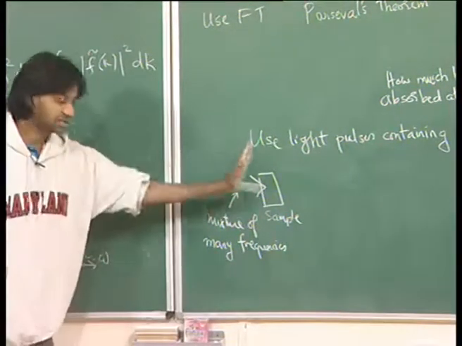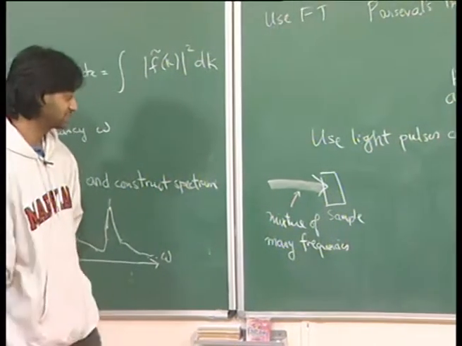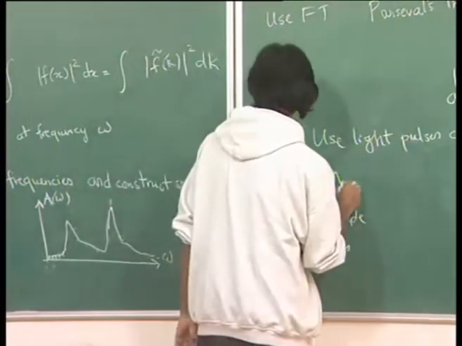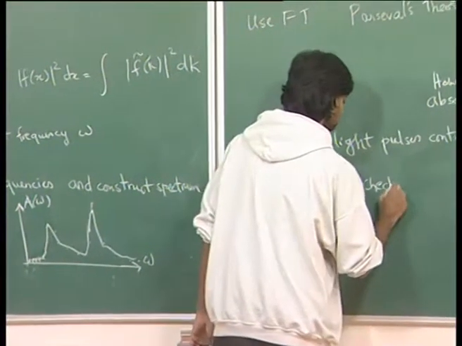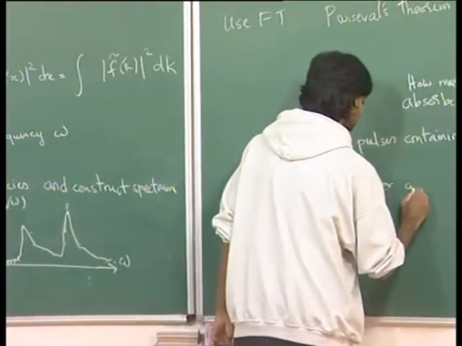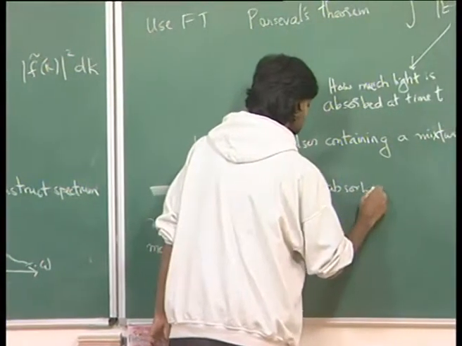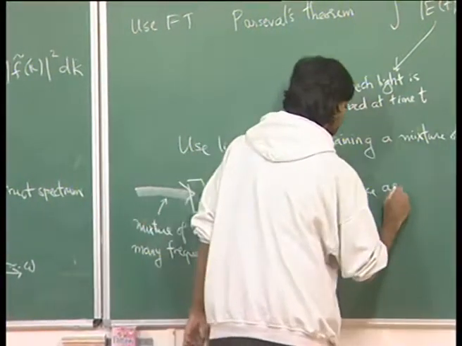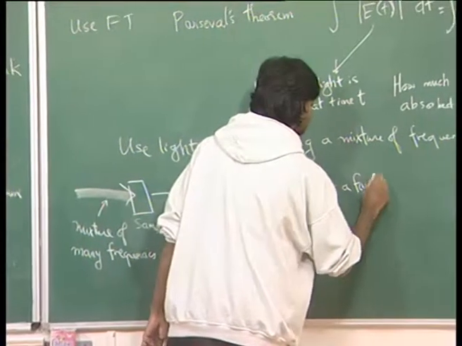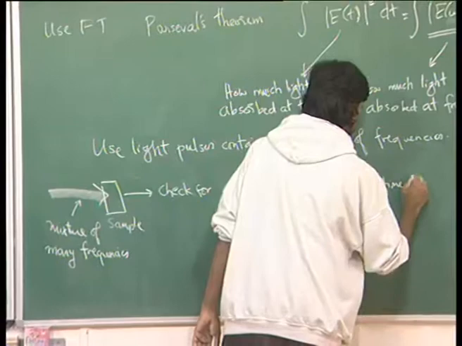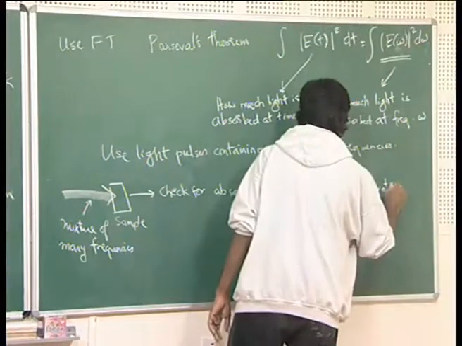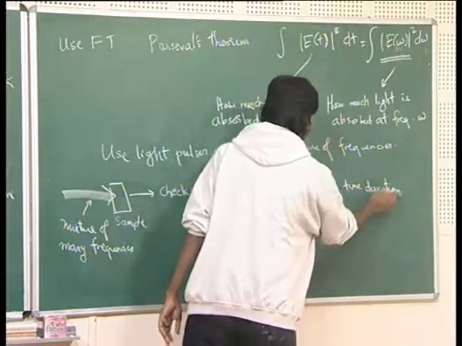You send a pulse of a certain duration and measure the absorbance as a function of the time duration of the pulse.